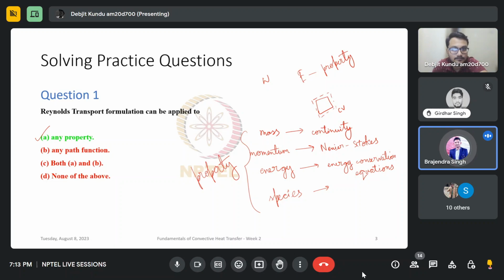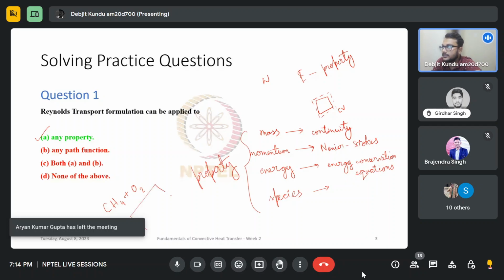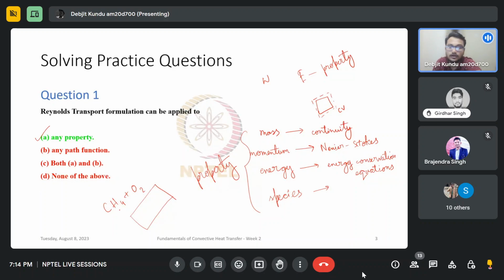Sir, what is the last property? Species. So let's say you have a mixture of methane and oxygen, which you are trying to mix properly. Then you will ignite it, and you will get some combustion, something which happens within an engine. Let's say this is the domain. In this case, the concentration of CH4, or methane, would be different in different locations.